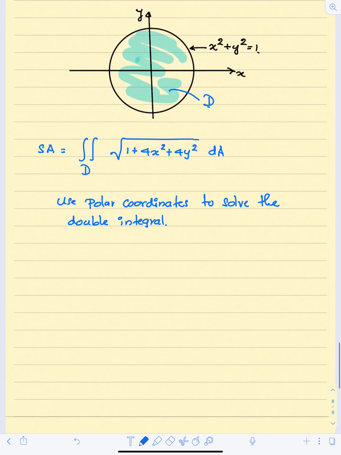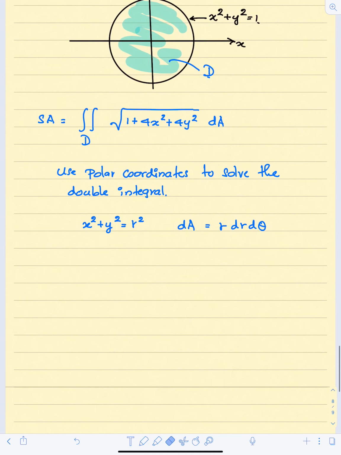Okay, in polar coordinates, x squared plus y squared equals r squared, and dA, which is the area element, equals r dr d theta. Now let's update our surface area formula.